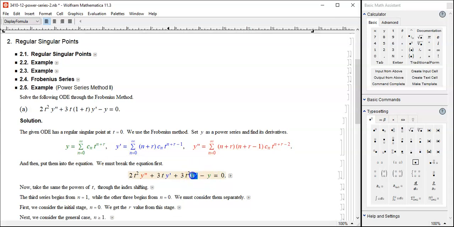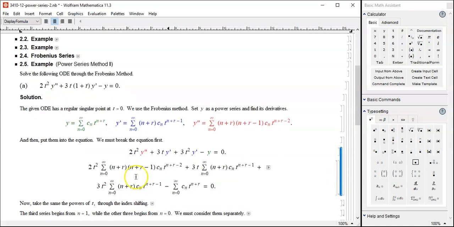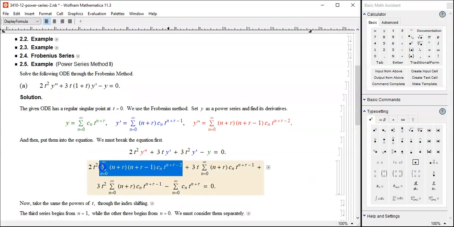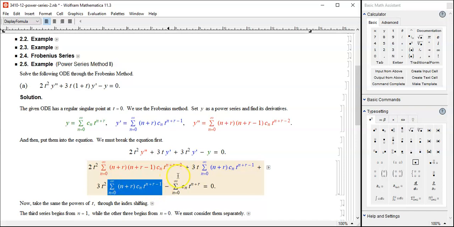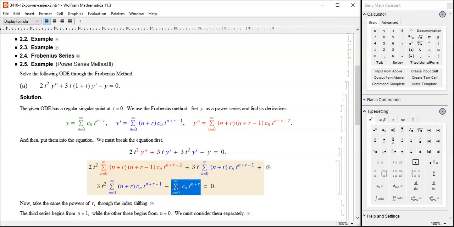Oh, this 2 is going to be blue. Do you see it? That's y double prime. And that's y prime. And y prime again. And then that's just y. Color coding helps.